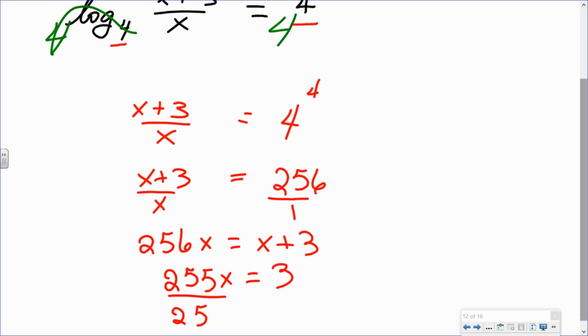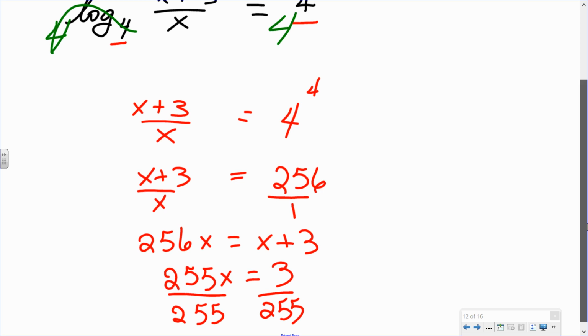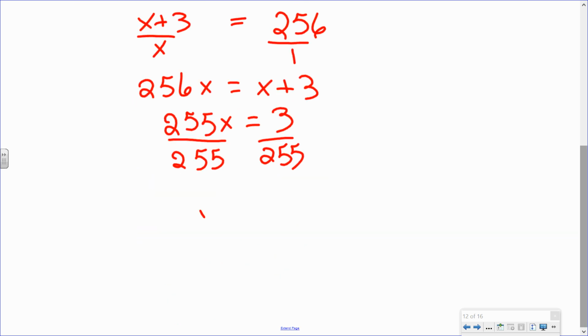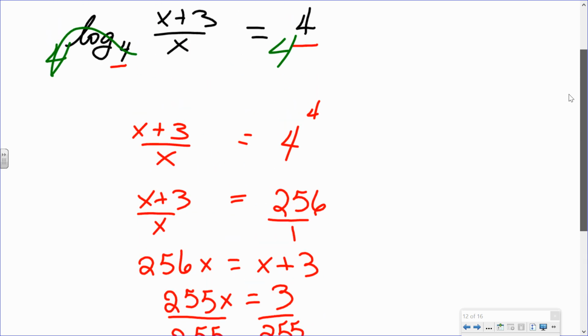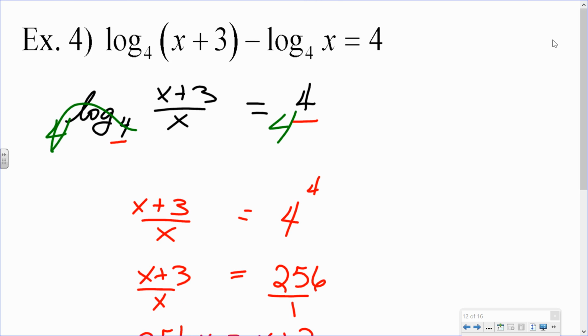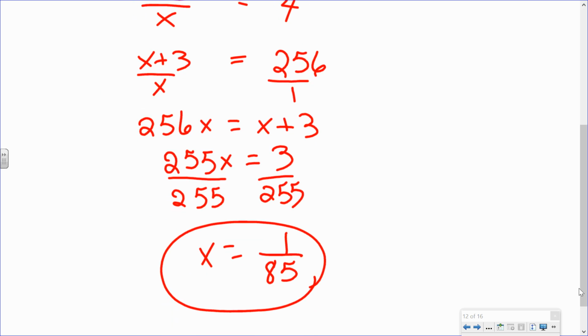Is this going to reduce? Yes, what's it going to reduce to? 1 over 85, and let's make sure that that gives us positive arguments. 1 over 85 plus 3, 1 over 85, so we are good with keeping x equals 1 over 85.